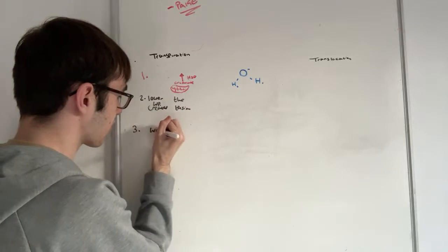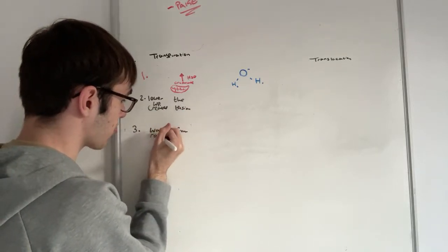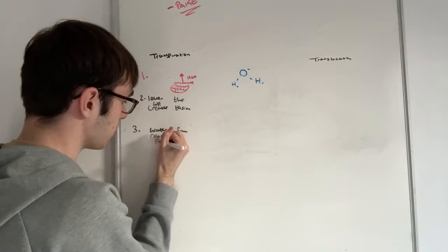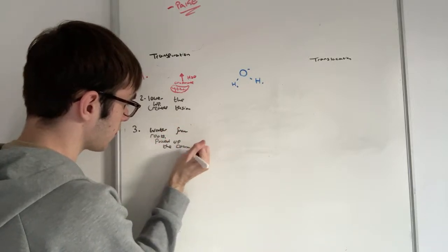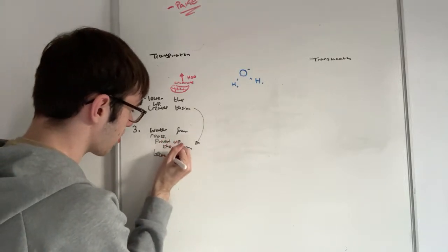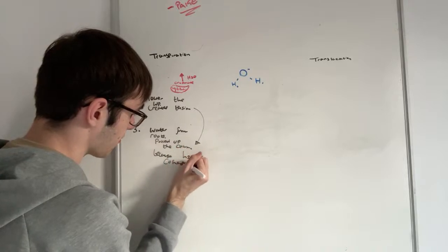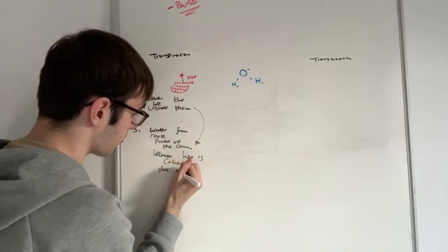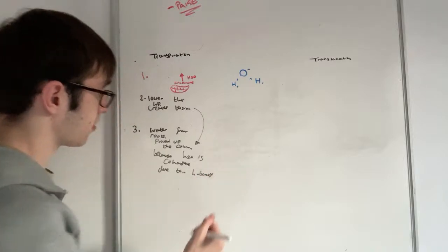So, water from the roots is going to be pulled up the column due to this tension, because water is cohesive due to, and that's when you would talk about the hydrogen bonds.